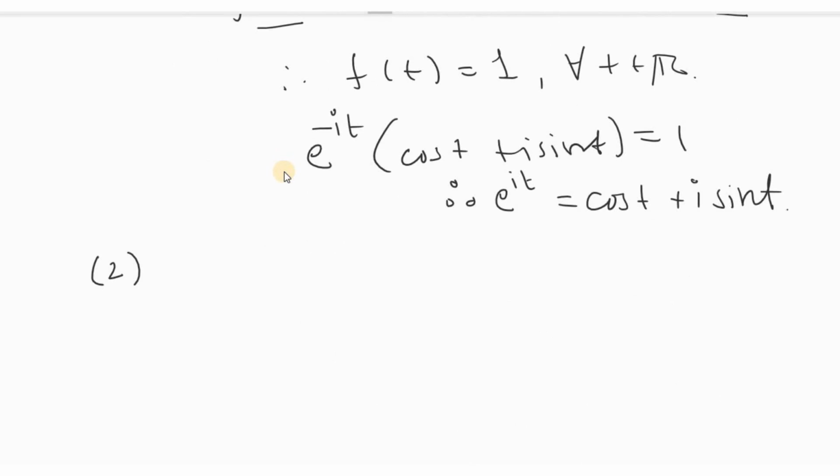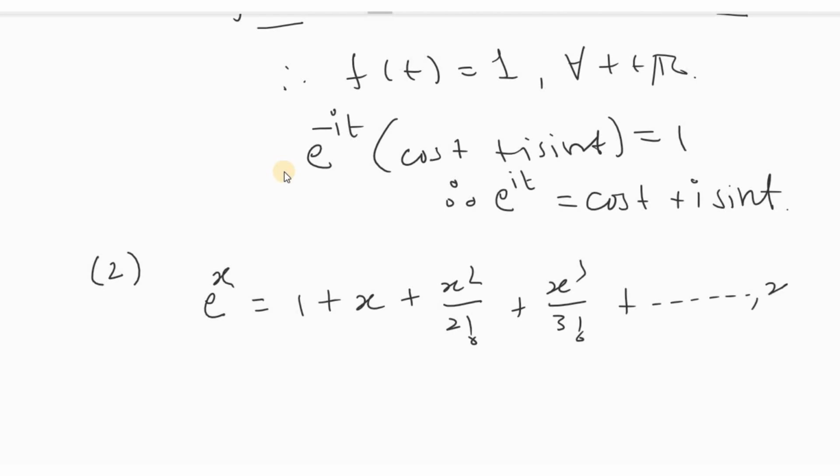For that you actually require a lot of use of extension of the results that you have in real analysis. So you probably know that e raised to x, the Maclaurin expansion or Taylor series expansion about 0 of e power x, is 1 plus x plus x square by 2 factorial plus x cube by 3 factorial and so on.